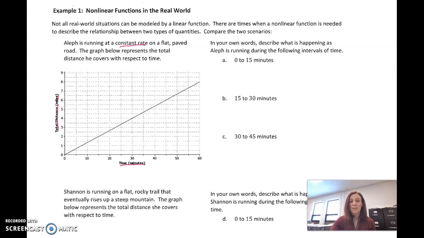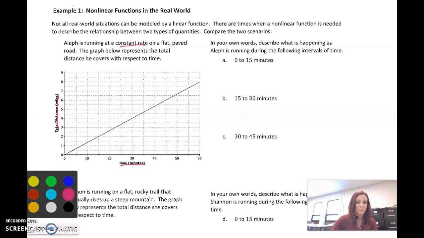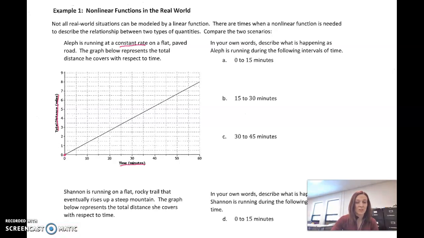Okay, so what is this graph telling us? Well, it says, in your own words, describe what happens as Alf is running during the following intervals of time. Well, 0 to 15 minutes. So 0 to 15 goes from right here to right here. This is 15, right?